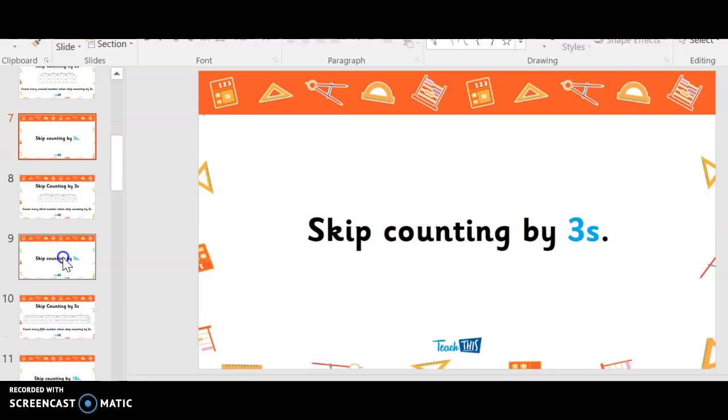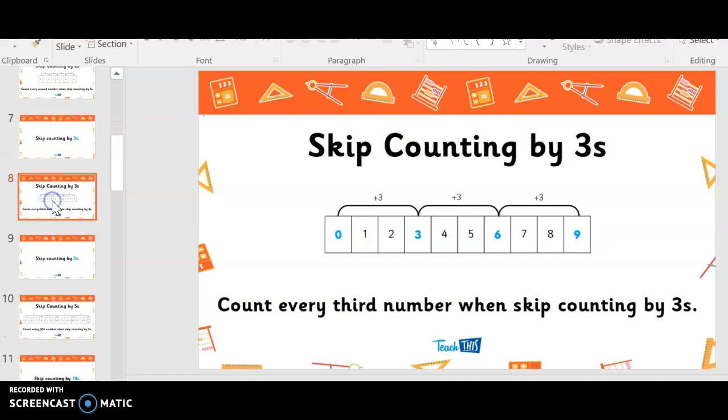Skip counting by 3s. So here's a number line. You count every third number when skip counting by 3s. That is your clue. You start at 0. You're going to skip 2 numbers to land on the third number. So skip 1, skip 2, you're landing on 3. 0, 3.